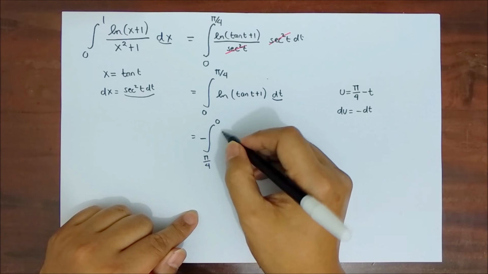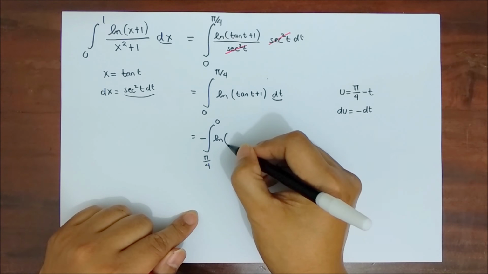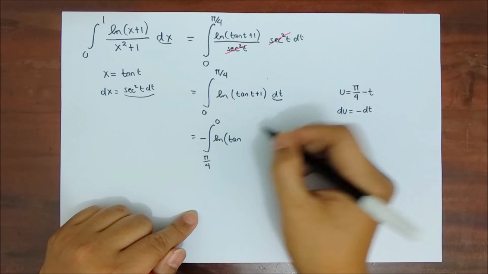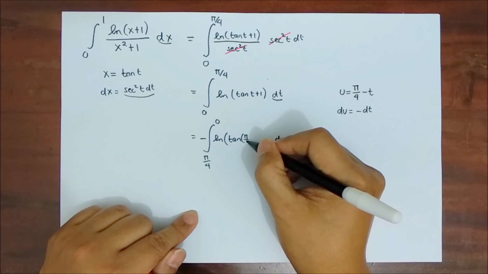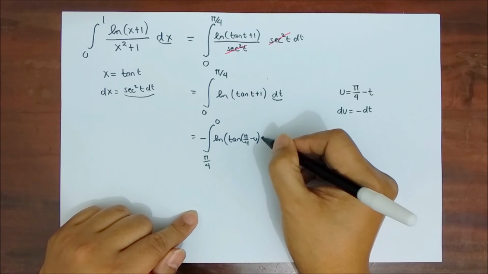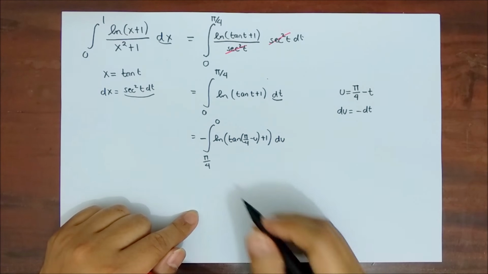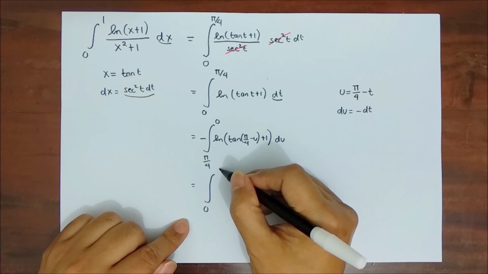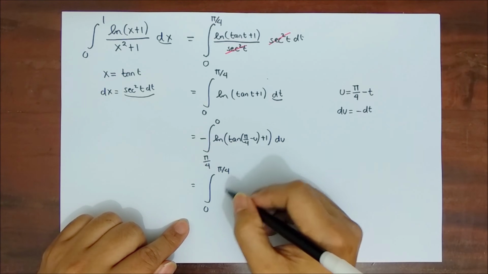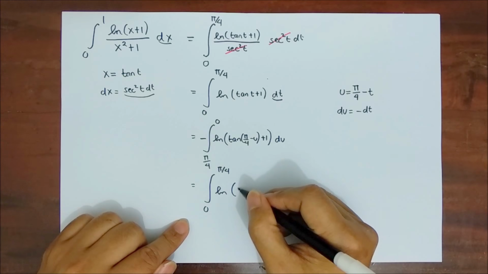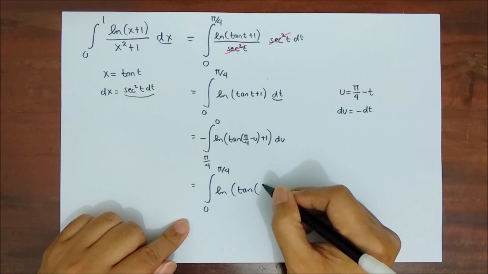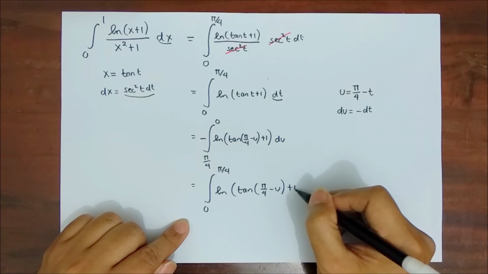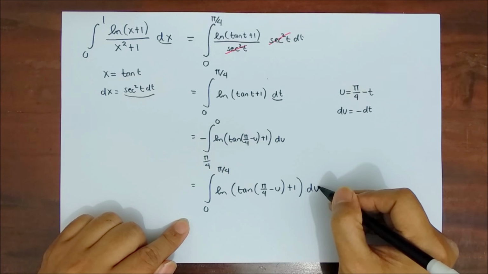Here we have ln of tangent, where t is pi over 4 minus u, plus 1. Then we have the integral from 0 to pi over 4 of ln(tan(pi over 4 minus u) + 1) du.